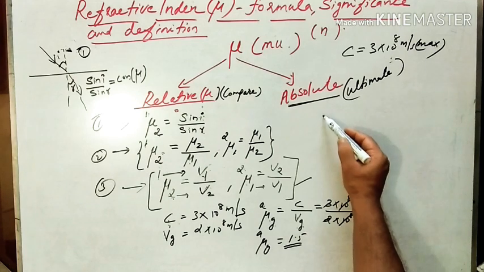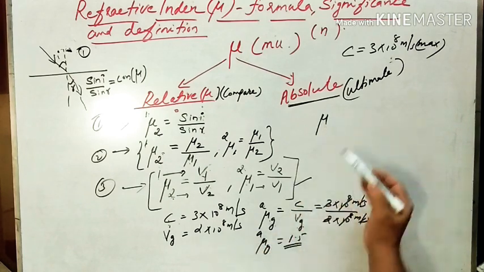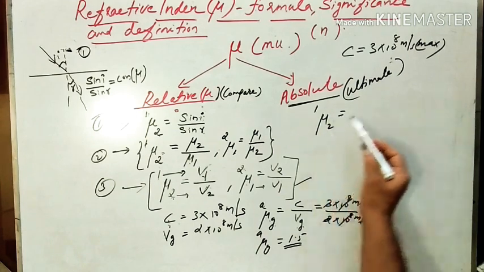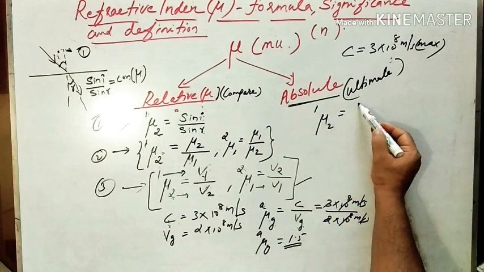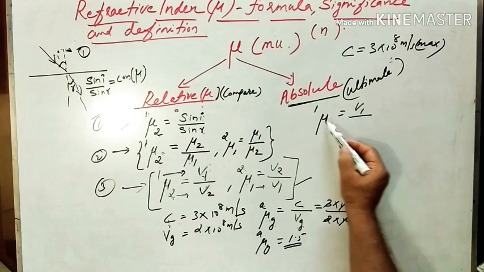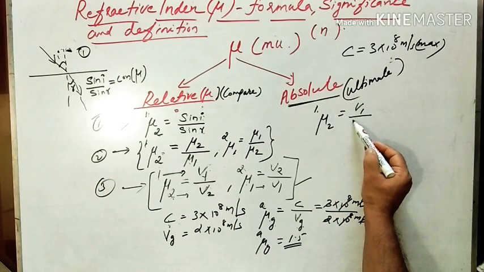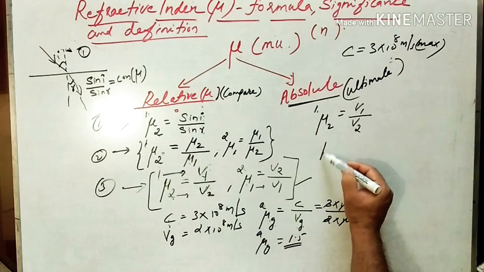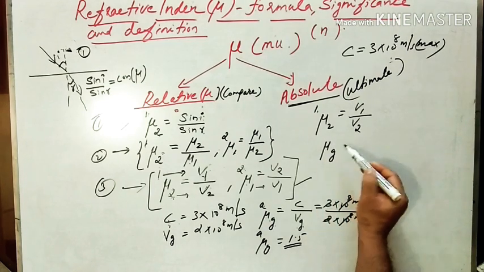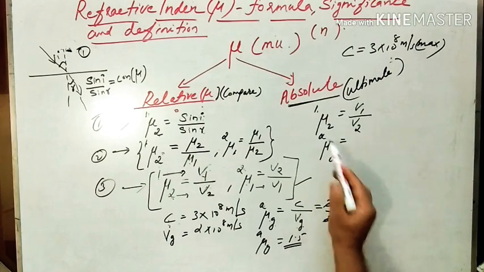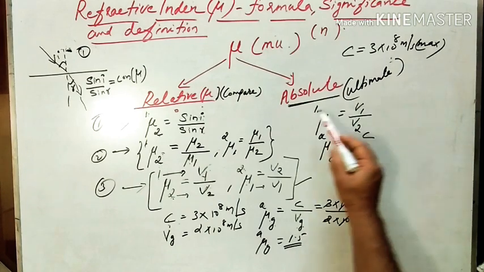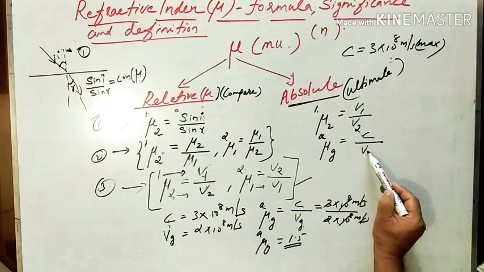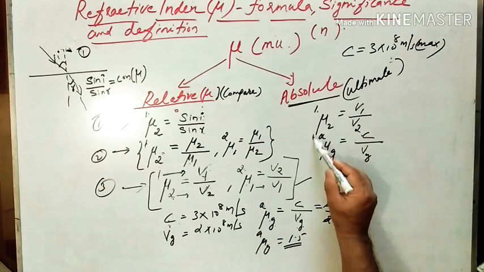So I can write refractive index of medium 2 with respect to 1. I can write the speed of light in medium 1 with respect to speed of light in medium 2. Or I can write absolute refractive index of glass with respect to air. I can write speed of light in air divided by speed of light in glass.